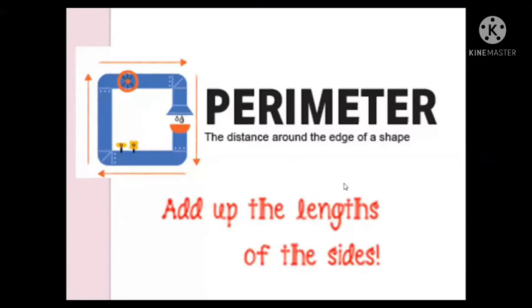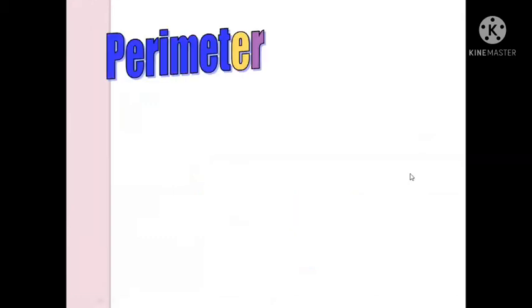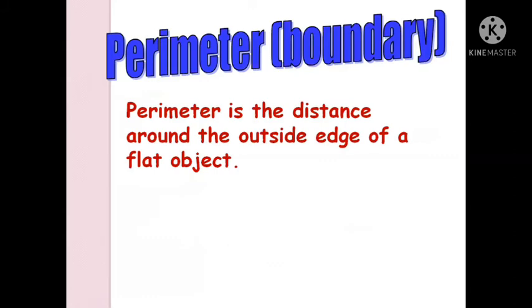Let us learn perimeter. Perimeter means the distance around the edge of a shape. A boundary length of a shape is called perimeter. For that, we have to add up the lengths of the sides. Each and every side should be added to find the perimeter. Perimeter is the distance around the outside edge of a flat object.